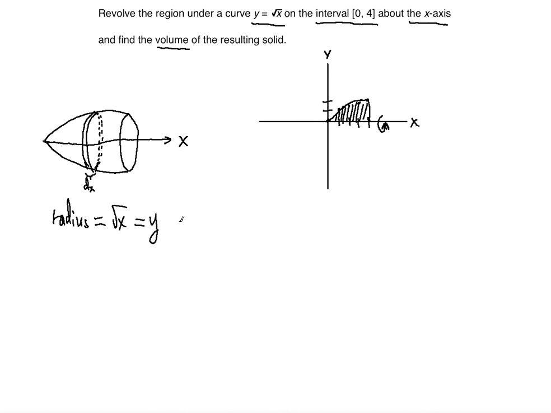It makes sense because square root of x will vary according to the x chosen. So the square root of x represents the y, which will vary, and that represents the radius of each slice.